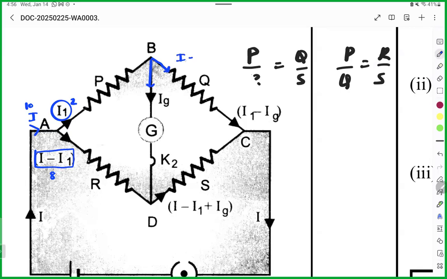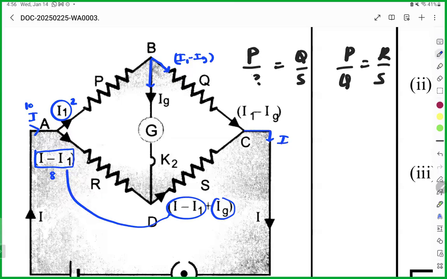I1 minus Ig. Right? Here, this current I1 minus Ig is fused with Ig. Then they will fuse together, and once they fuse together, it will again become I. Addition of all these things will be I.